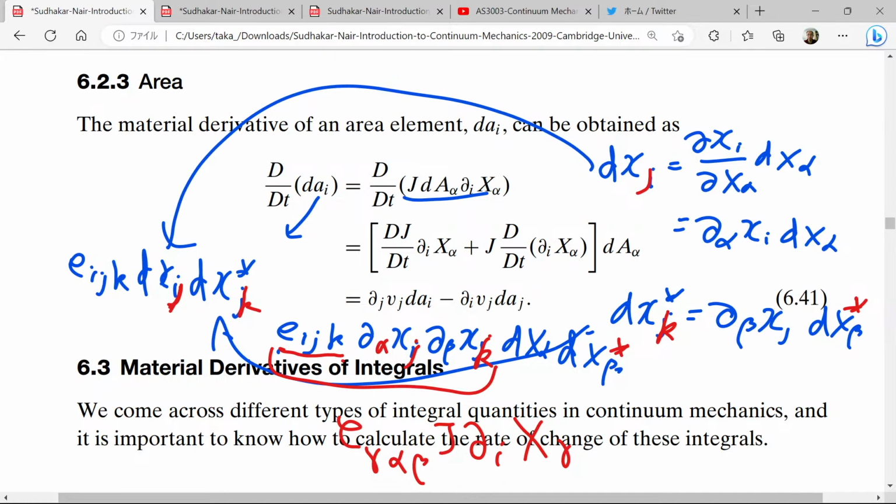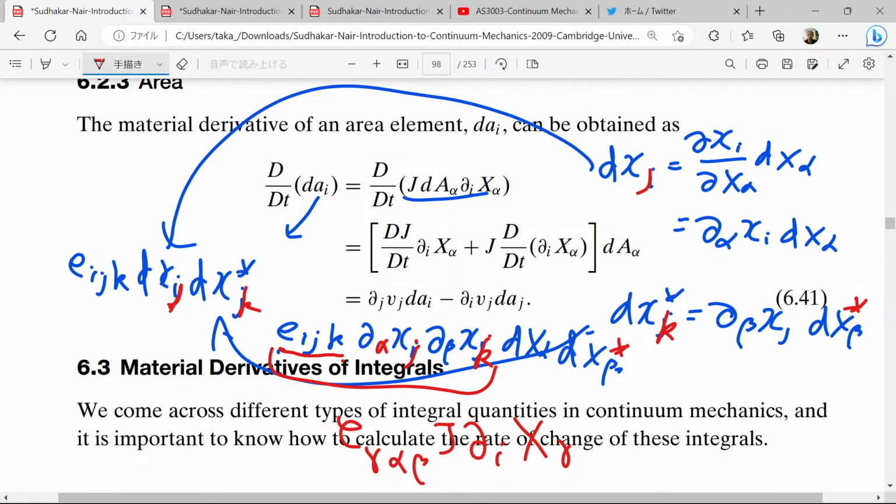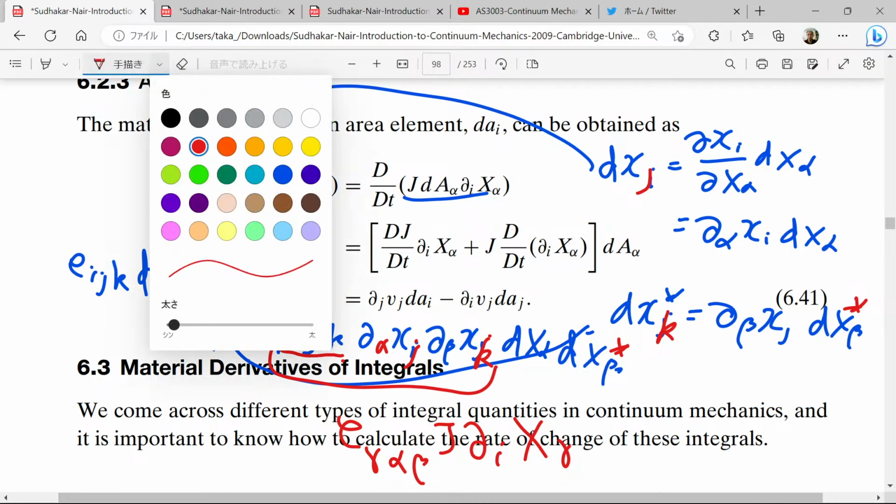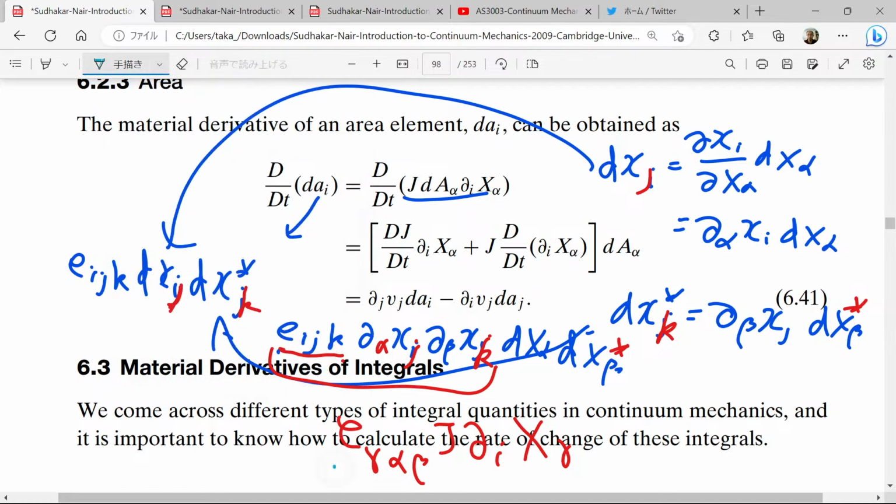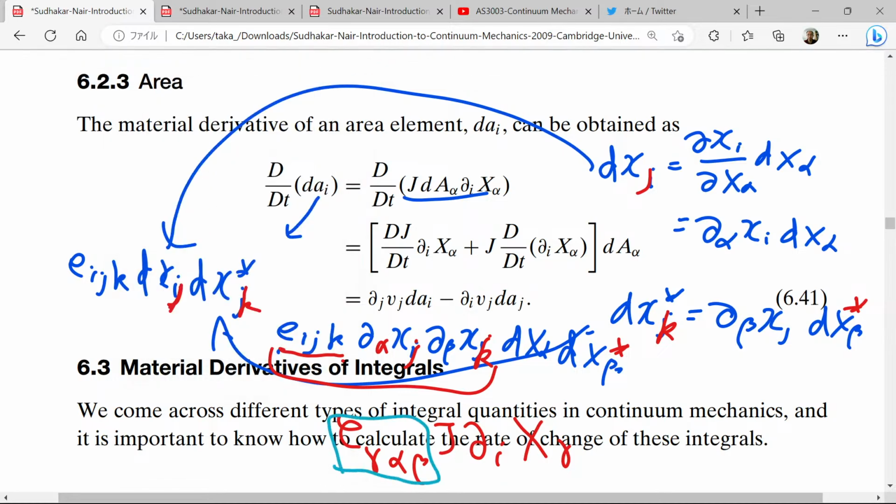But before that, actually this one, you can see, let me change this one, epsilon gamma alpha beta, and this one x beta. Okay, this combination is dA, unfortunately gamma, is dA gamma.